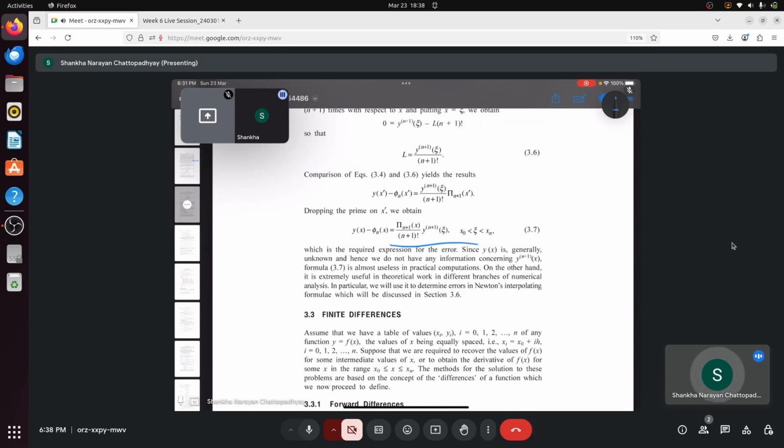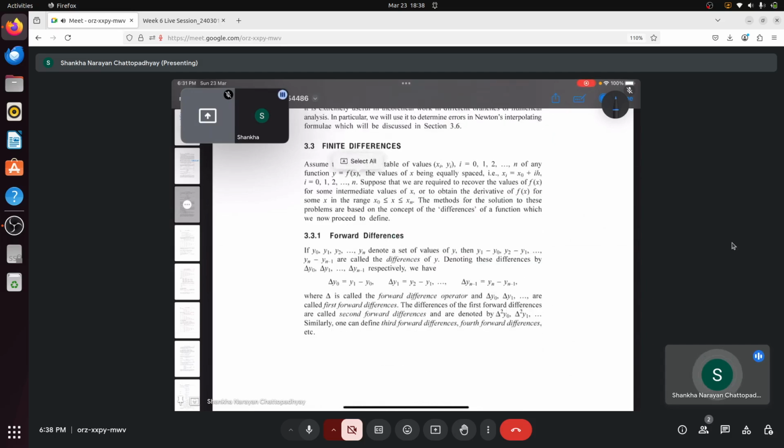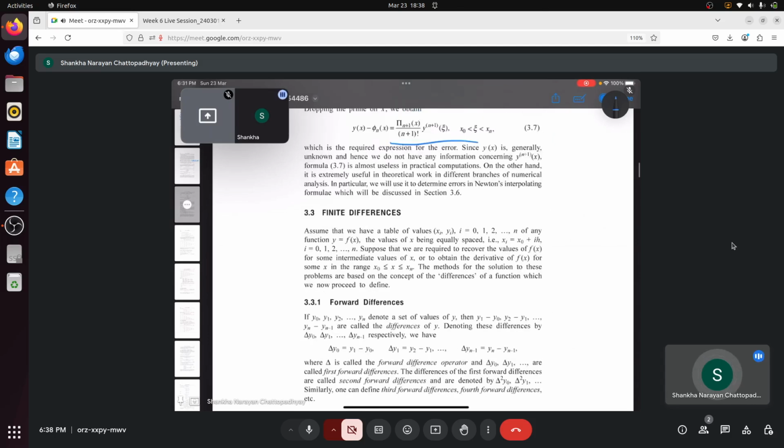I will just discuss two sorts of interpolation formula. One is the divided difference, and then Lagrange's method. Finite difference methods are only applicable for equispaced data. What do we mean by equispaced?